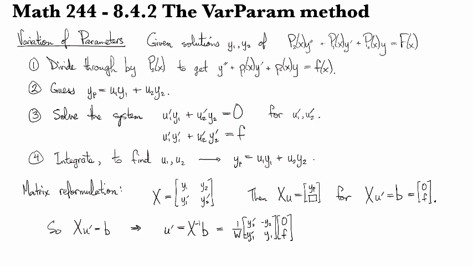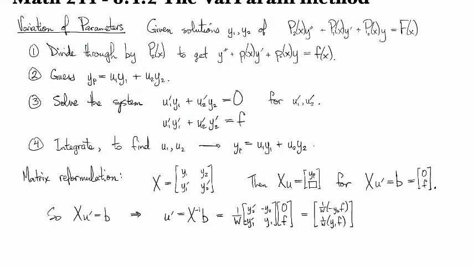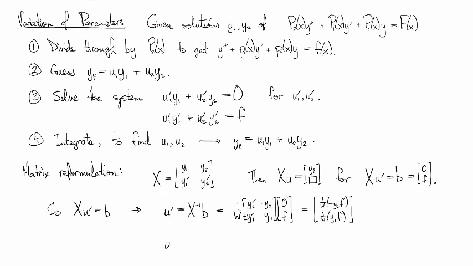Okay, and so then that's going to give us 1 over W times minus y2 f, and 1 over W times y1 f. Okay, and then that's u prime. So u is going to be the integral of this business.